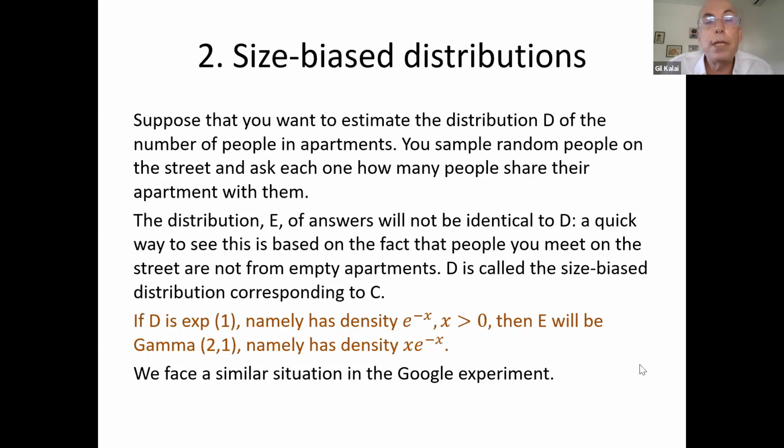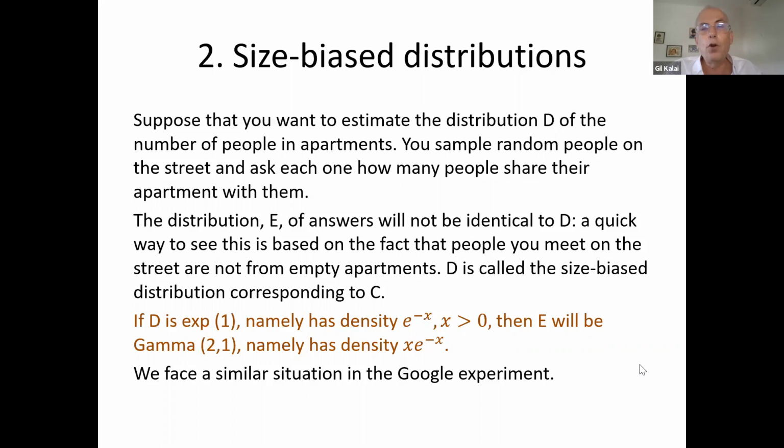You get a new distribution, and the distribution of answers will not be identical to your original distribution. A quick way to see it is to note that you will not meet anybody in the street from empty apartments. So even if 20% of the apartments are empty, your experiment will not show that.